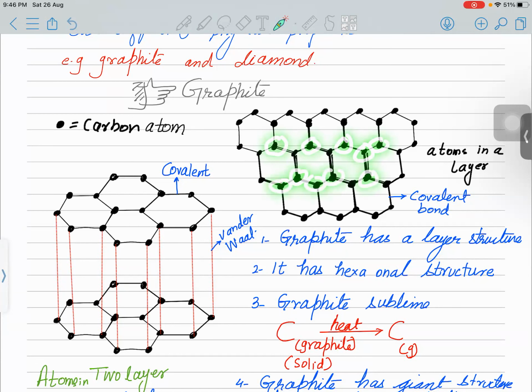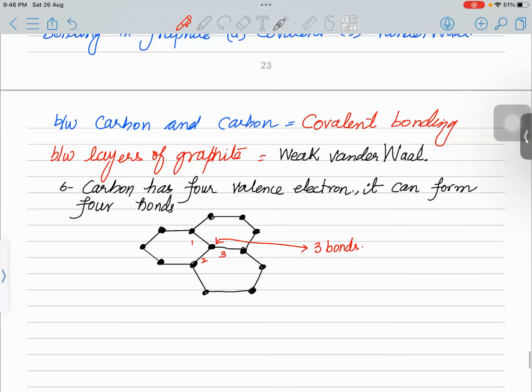So 1 electron is left. This electron is called a delocalized electron. So here we have an electron, here we have an electron, here we have an electron. So this electron is called a delocalized electron.